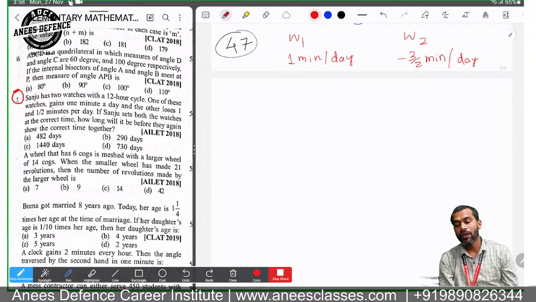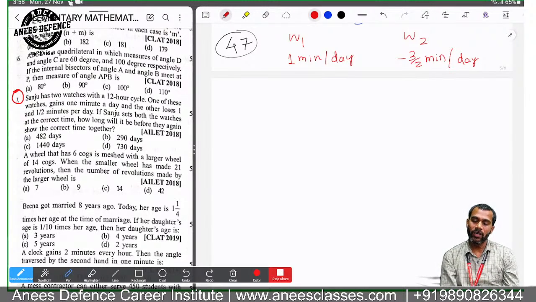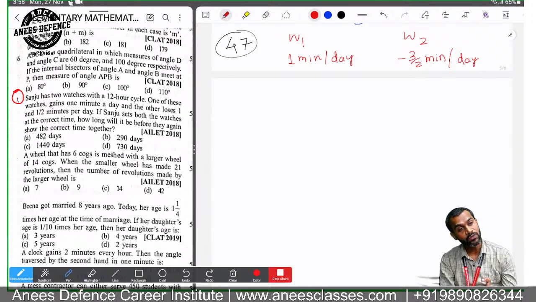See, if one watch lags, or it is 24 hours faster, it means it will show the correct time. So how many days will be needed for watch 1 to be 24 hours faster? 1 minute each day.